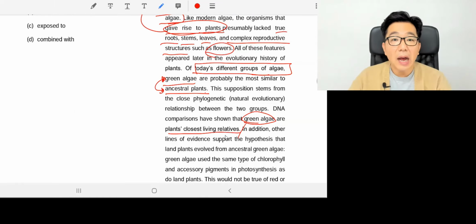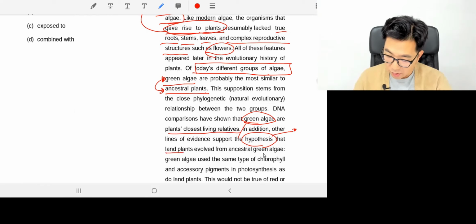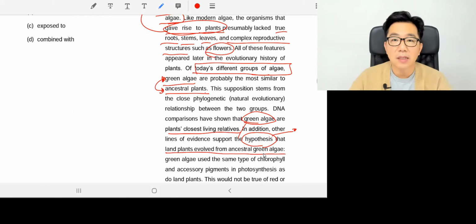In addition, other lines of evidence support the hypothesis. A hypothesis is like your theory, opinion, or idea that is not proven yet, okay? The hypothesis that land plants evolved from ancestral green algae. So that's another hypothesis that says, as I said, land plants originally came from seaweed.